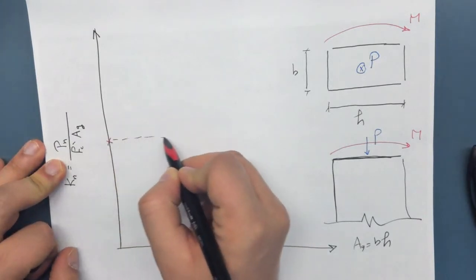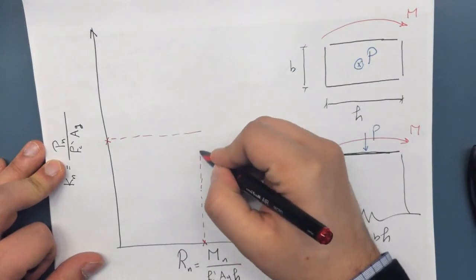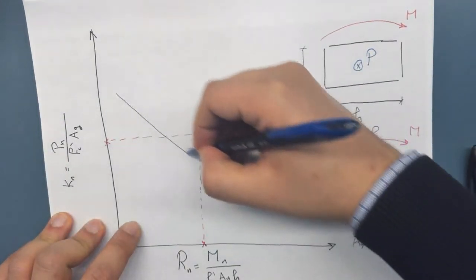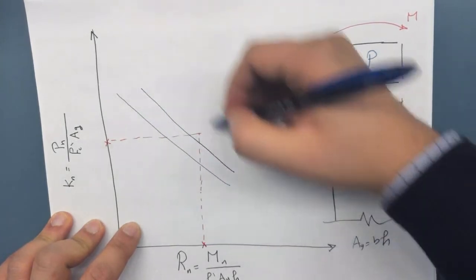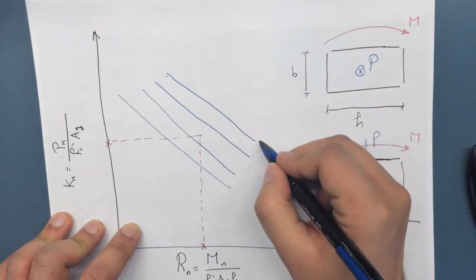And once you connect these two dots, what will happen is you'll find yourself between several lines. Each of those lines has a value of what we call reinforcement ratio rho.